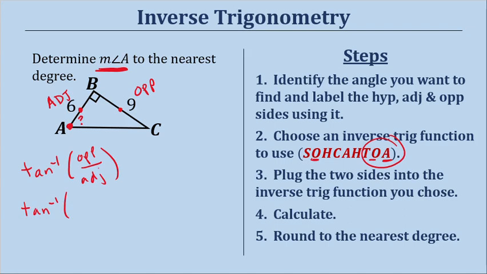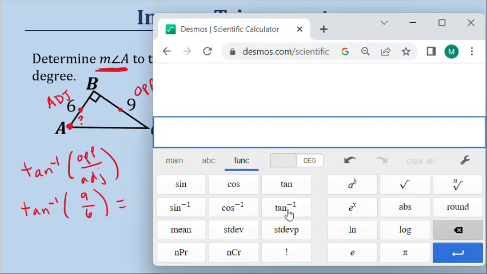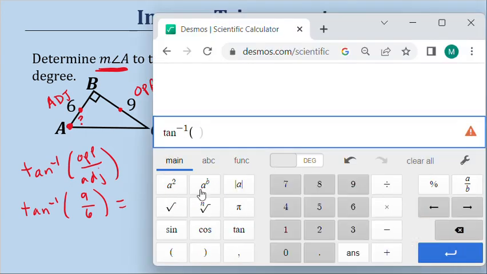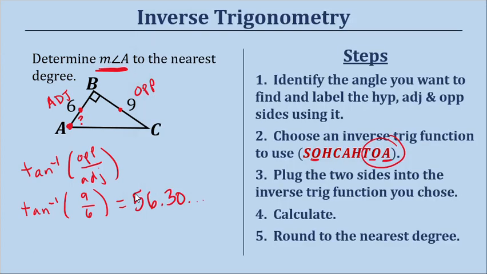Just like before, all I need to do is plug in my numbers. So we'll have opposite, which is 9, over adjacent, which is 6, and we'll plug that into a calculator. We'll start by hitting function, then inverse tangent, then back to main, and hit 9 divided by 6 equals. And that gives us 56.30 and so on. That puts our angle somewhere between 56 and 57.